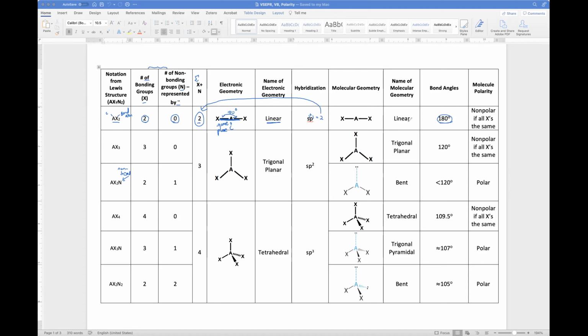So in this particular case, if you have a linear geometry, that is the only option for it. Now, I will say you can also have just a single bond. And if you only have two things, they're going to be linear from each other as well.